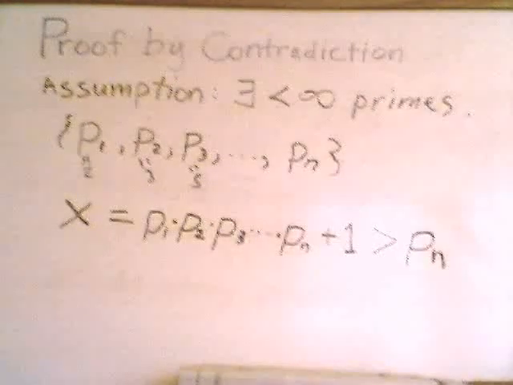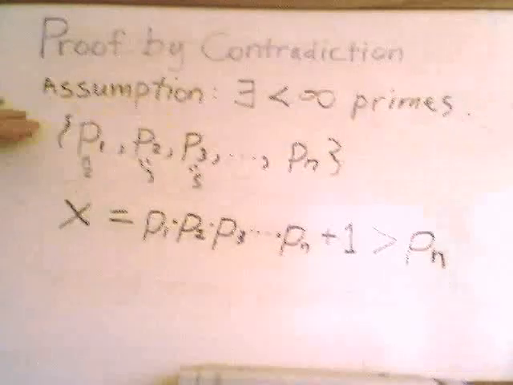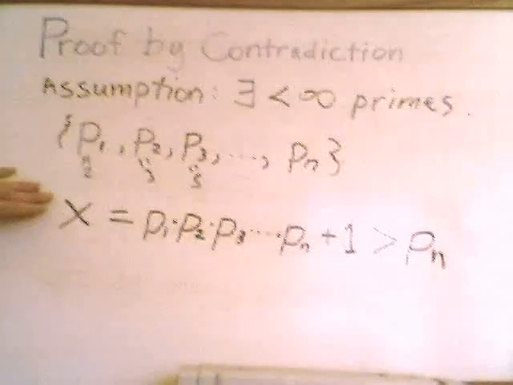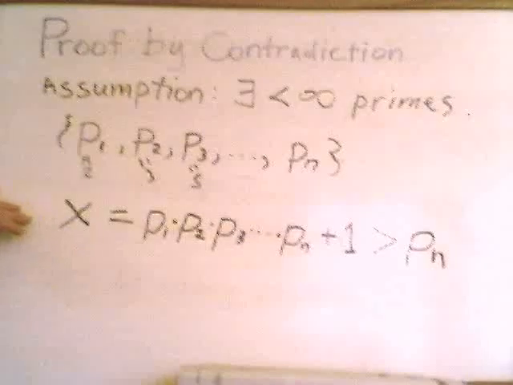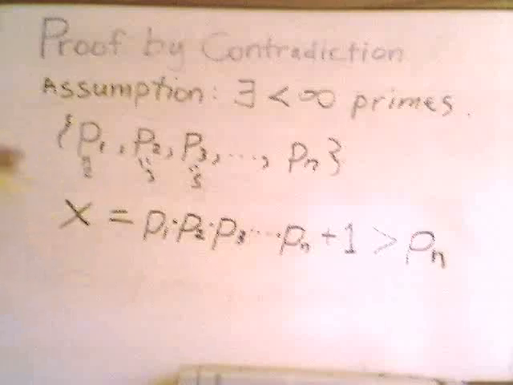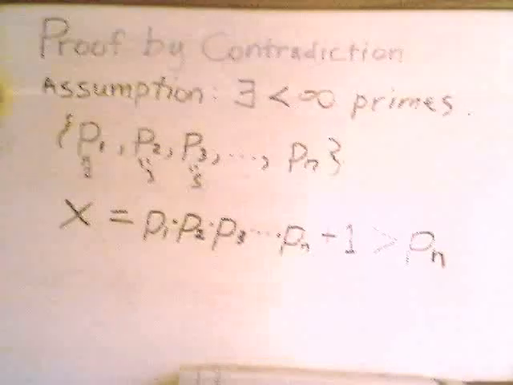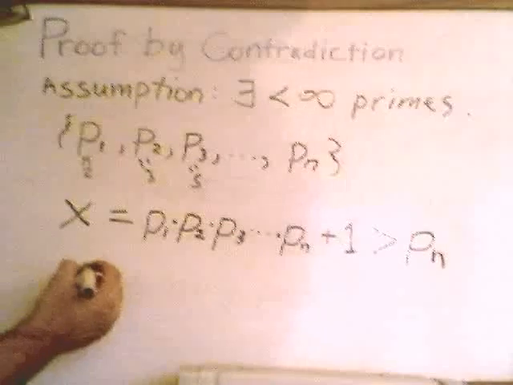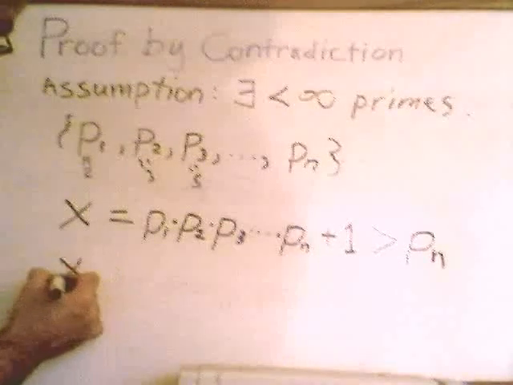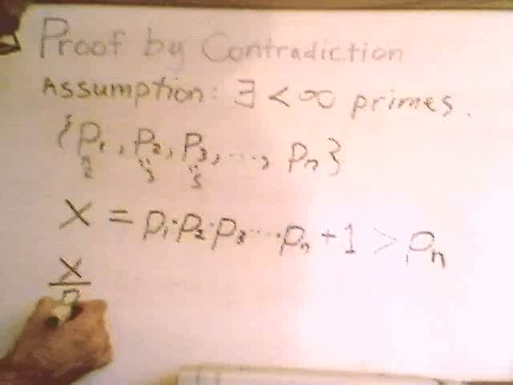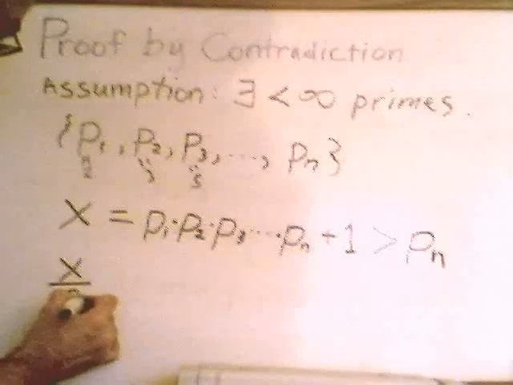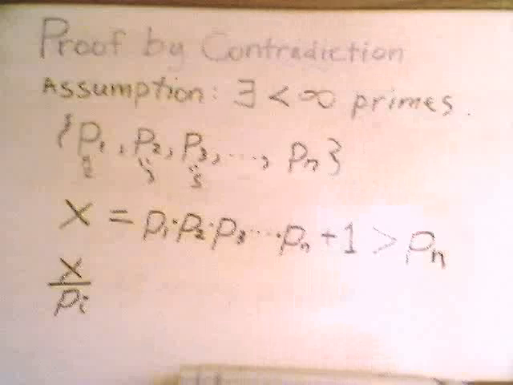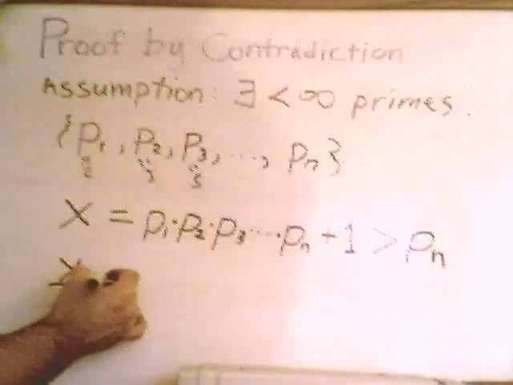So a simple question we can ask is, if these are all the Pn's, all the primes, then x must have a factor. Remember, by the fundamental theorem of arithmetic, x must have some factorization into smaller primes. And in fact, these are all the primes, so it must have at least some prime factor somewhere. So what we want to do now is calculate x divided by pi, where i is some arbitrary index that we chose.